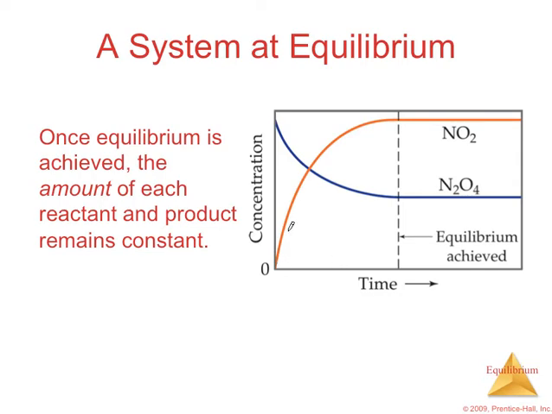As the reaction proceeds, the concentration of my products increases and the concentration of the reactants decreases. At equilibrium, the amounts of the two stay constant, but they are not necessarily the same. The amounts of products and the amount of reactants stay constant at equilibrium.